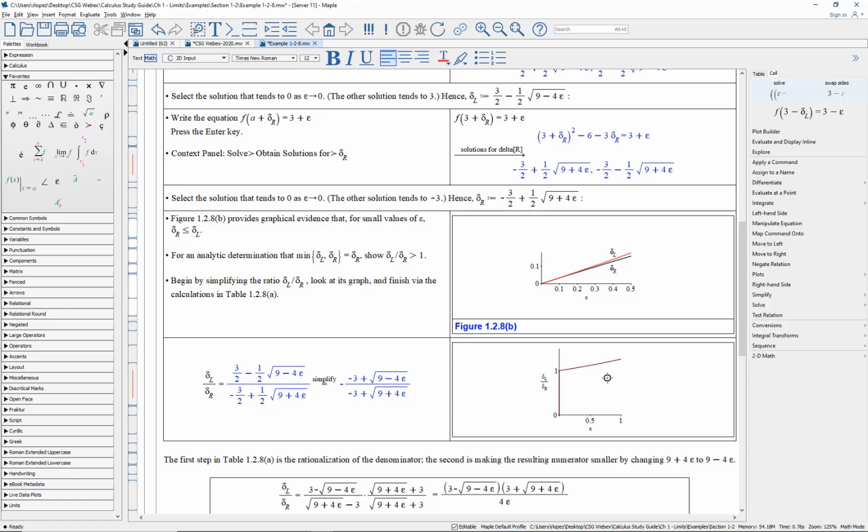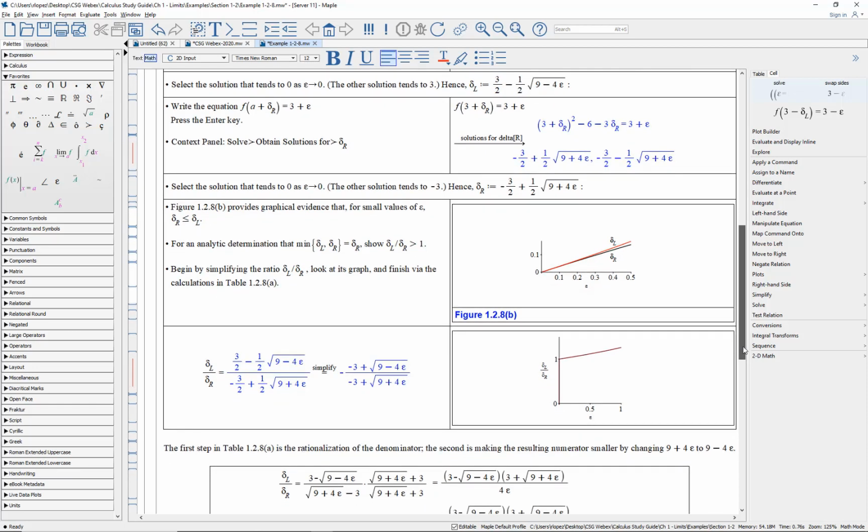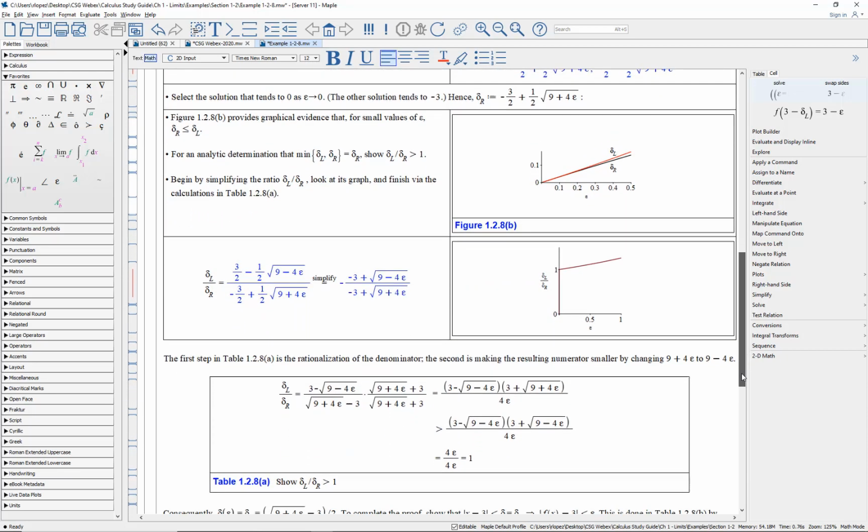It would again appear that this expression, being greater than 1, says delta R is the smaller of these two gaps, two intervals, and it will be delta R, if it's indeed the smaller one, that we want to take for the delta given the epsilon. Well, let's take a look at this fraction analytically.